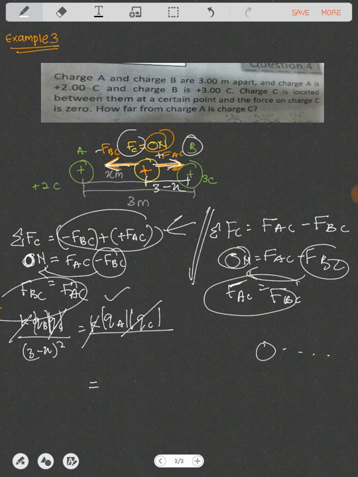Yang ni pula antara A dengan C adalah distance je X, kita buat. So R square equals R tu radius dia adalah X, so X square. So ni tak boleh tolak kan. QB dia berapa? Charge B 3 Coulomb.